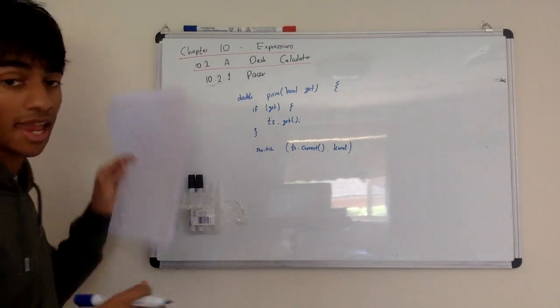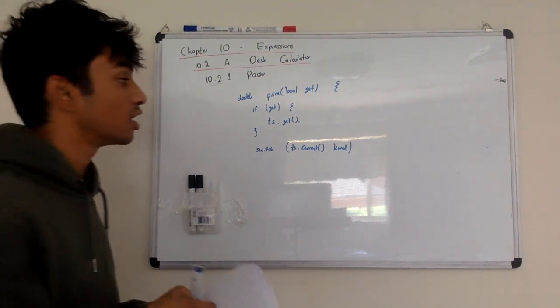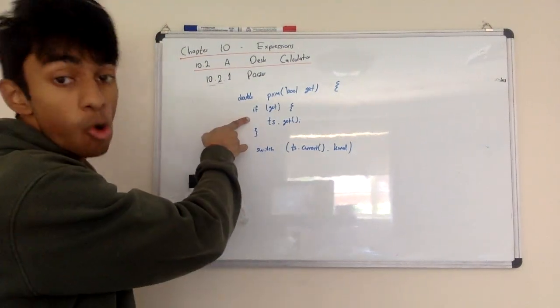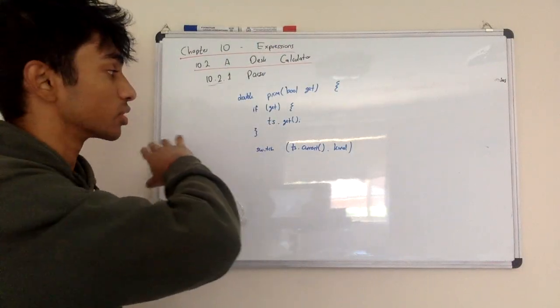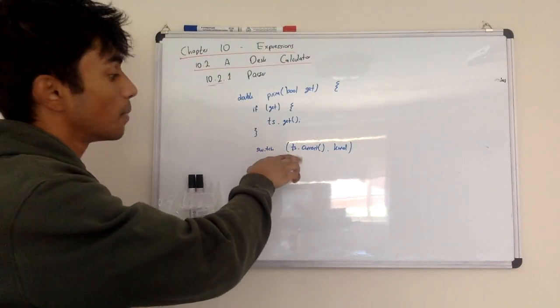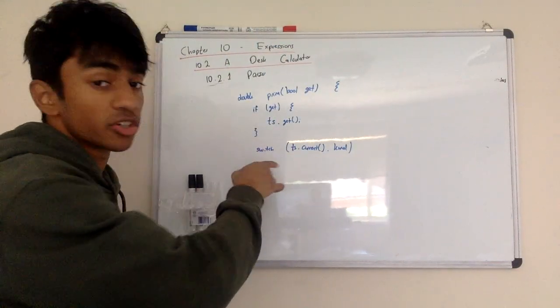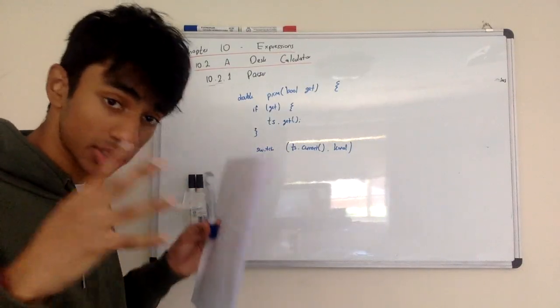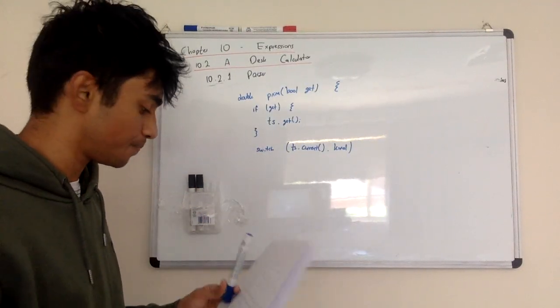So we're obtaining the kind of the token that we have just read, or if get was set to false, then whatever was read previously. We're analyzing the kind of the most current token, right?